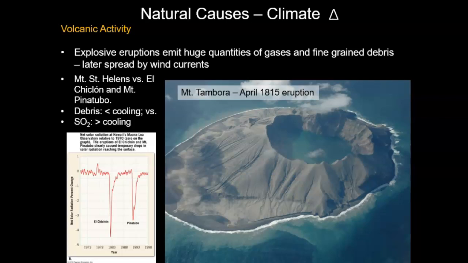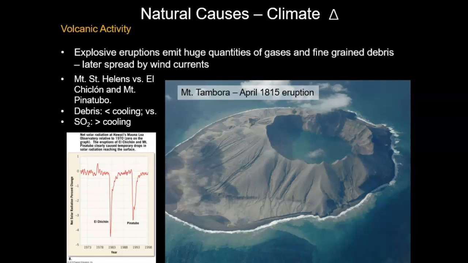As we learned in chapter 5, with explosive eruptions, a huge quantity of gases, along with ash and fine-grained debris, are ejected up into the atmosphere. Sometimes some of these particles are ejected high into the atmosphere, many kilometers above the surface.